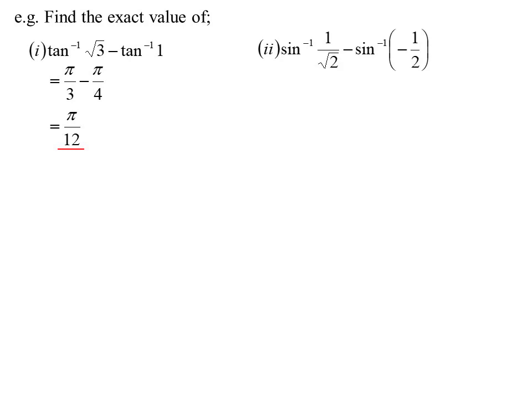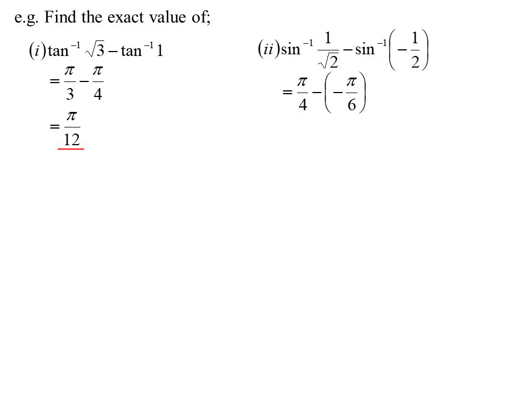Inverse sine of 1 on root 2 minus the inverse sine of minus a half. So same idea. It's going to be pi on 4 minus, now inverse sine of minus a half. Because we restricted the domain, we're only looking for answers with the inverse sine graph that's either going to be in the first quadrant or the fourth quadrant, because our graph was that.